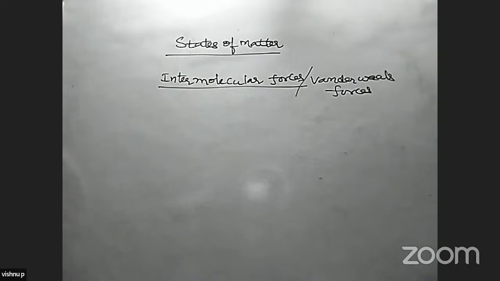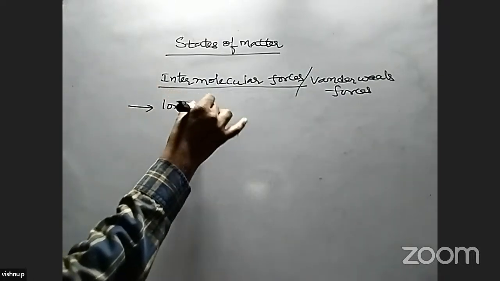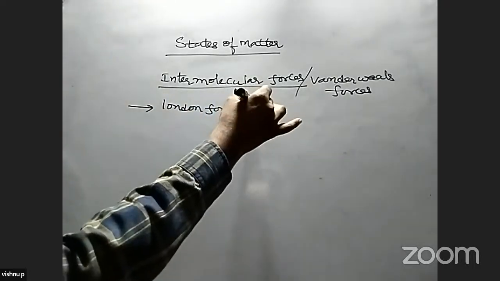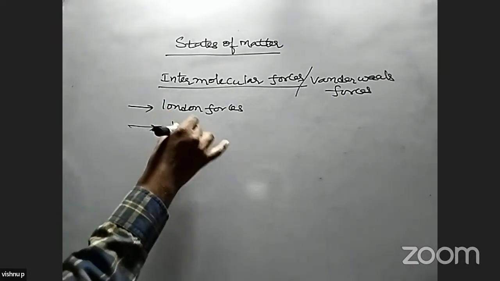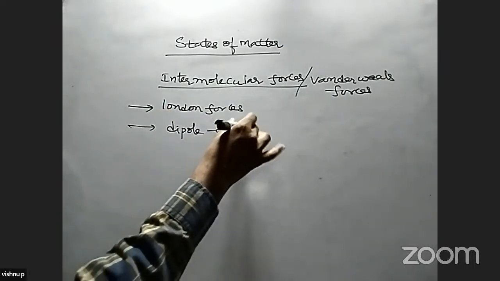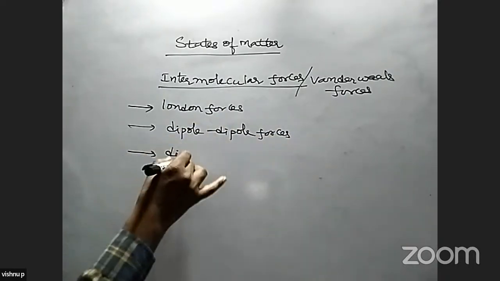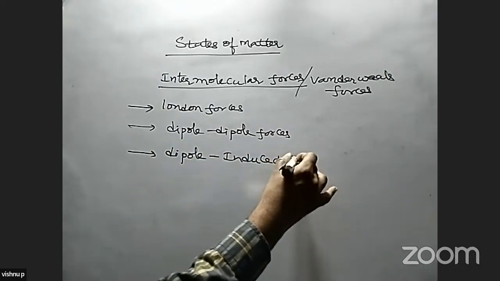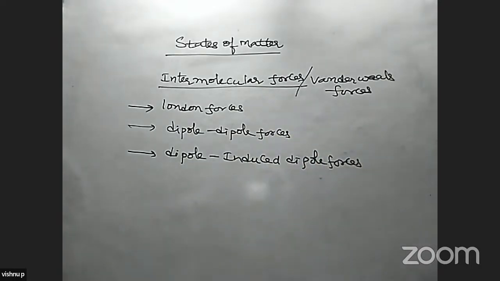So these van der Waals forces are divided into, first one is called London forces, or we can call it dispersion forces. Second is called dipole forces, and the next one is called the dipole induced dipole forces.